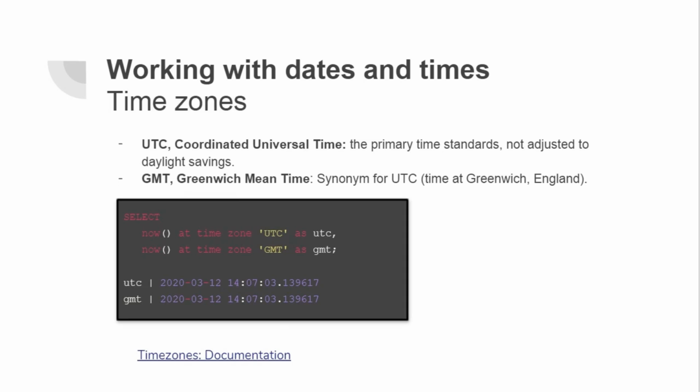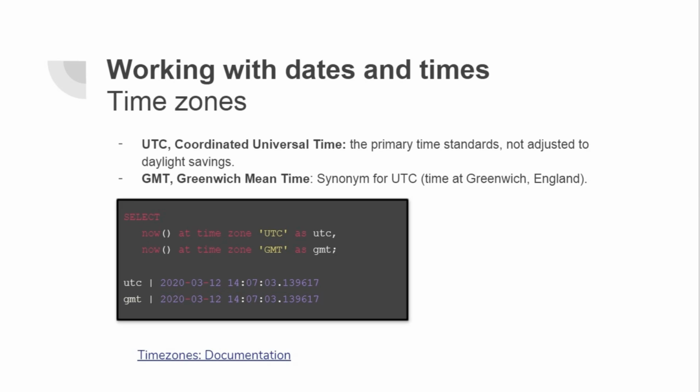Next, we have time zones. This is something that is very important when talking about times and dates. One time zone that we need to keep in mind is UTC, which is the primary time standard. This is not adjusted for daylight saving.